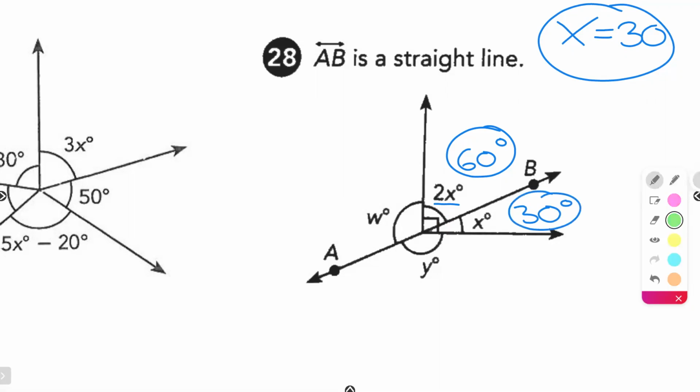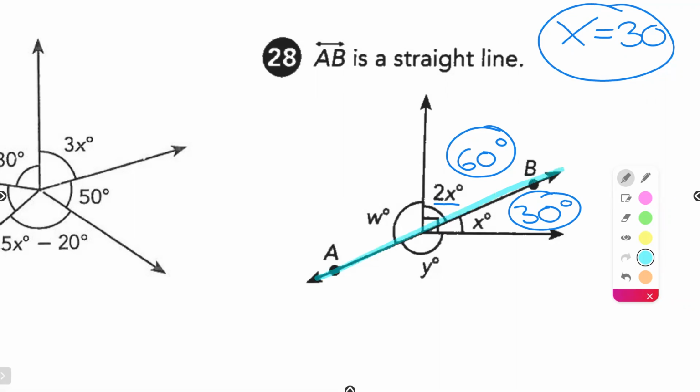Now, one of the things that we've talked about is this line test. What this line test basically is: take the line in the picture, and there's only one, from A to B. And then here's what you know. When you take a line and you highlight that line, look above the line, look below the line. Everything above the line has to add up to make 180.